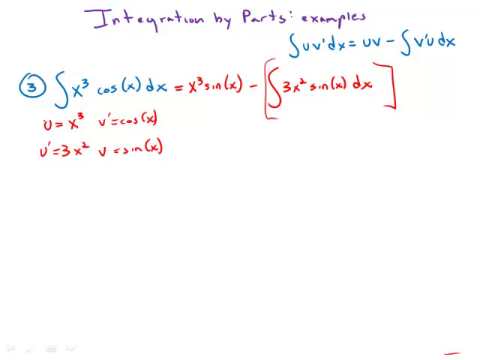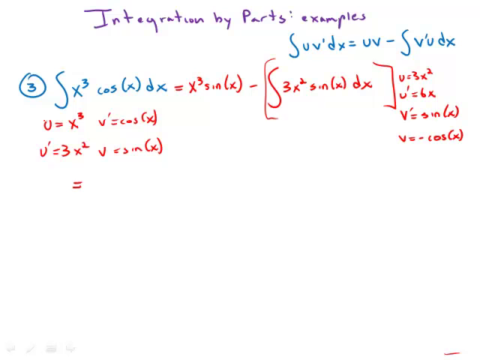Now in this integral, again, we're going to choose u equals the polynomial. So u equals 3x squared, u prime is going to equal 6x. V prime is going to be sine x, so v is going to equal negative cosine x.